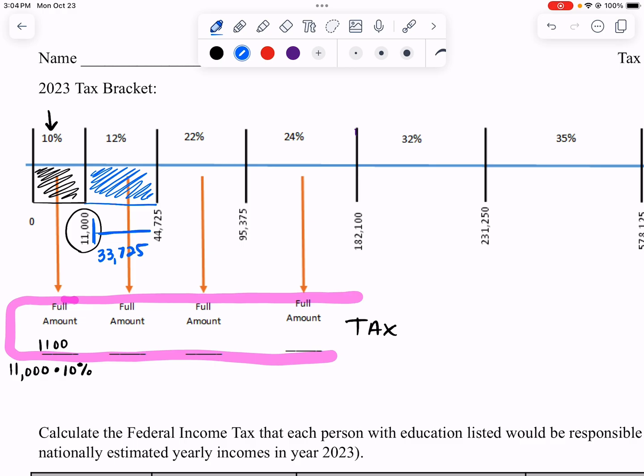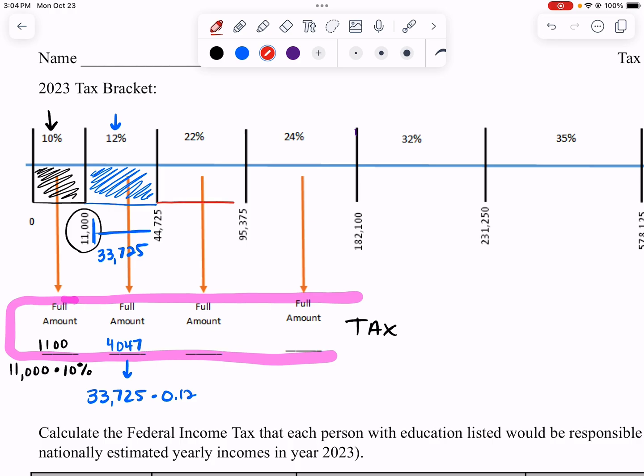That's the amount of money you would have to make to fill up that second bucket. If you fill it up, you would pay 12% of that amount. $33,725 times 12% gives you the tax, which is $4,047.